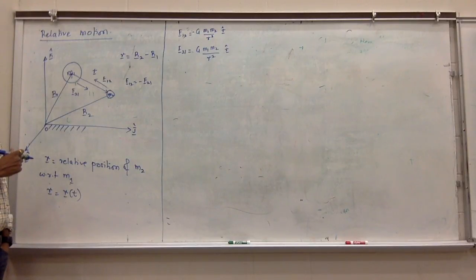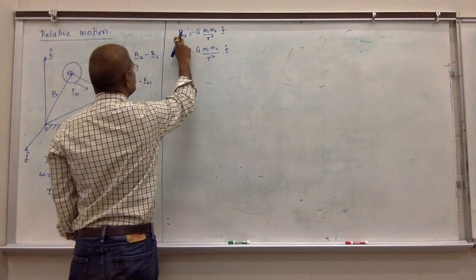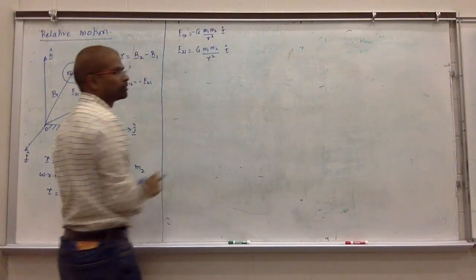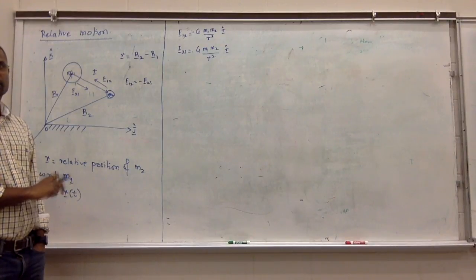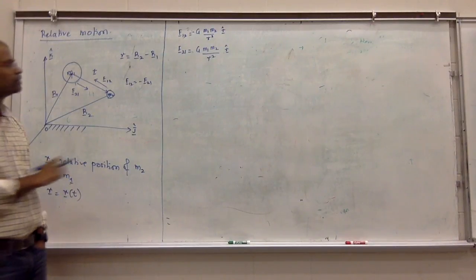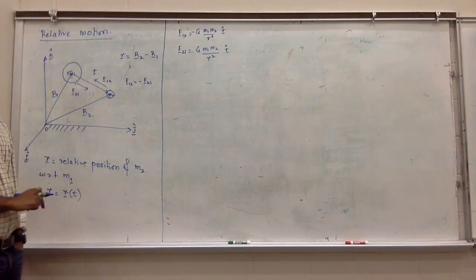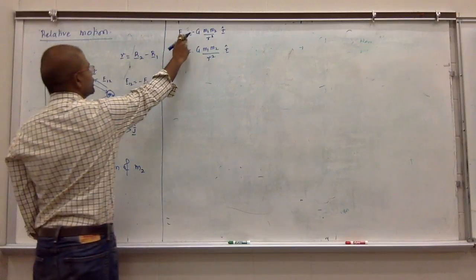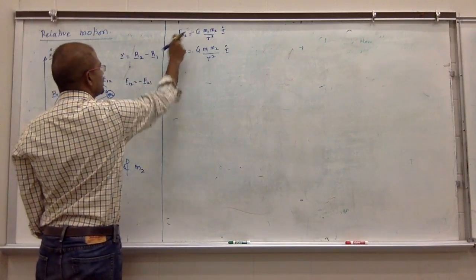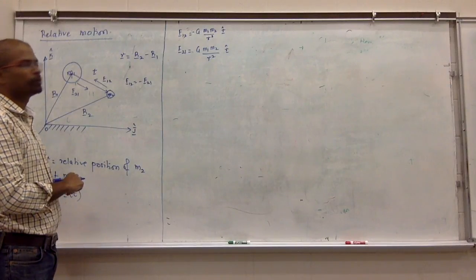G is a constant. But if you look at this F12 and this R, if they are in the same direction, so here F21 and R are in the same direction. So what I've done here is simply applied Newton's law of universal gravitation.